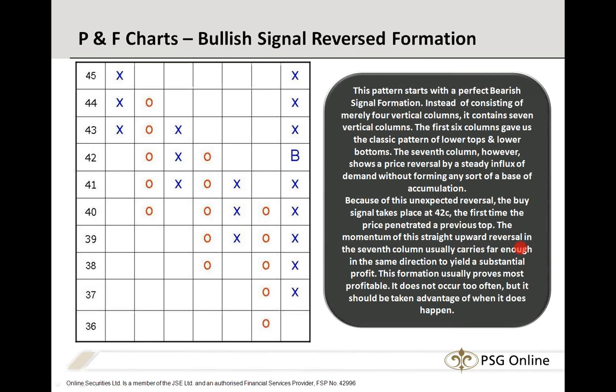Okay, now the bullish signal reversal pattern. Now this doesn't happen very often. It's not a common occurrence, but it's a very strong pattern against the trend. So you can see we have this scenario with falling tops and falling bottoms. And then suddenly we have this reversal, very strongly against it.